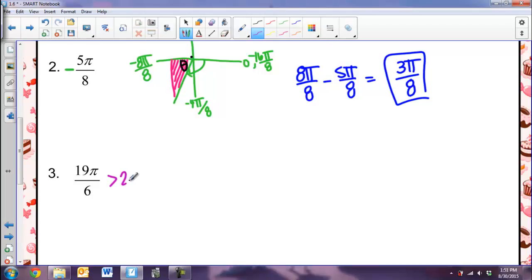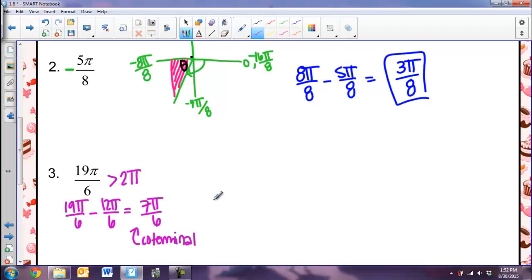This one's greater than 2 pi, so I'm going to make it less than 2 pi and find that coterminal angle by subtracting 2 pi from it, and 2 pi would be the same thing as 12 pi over 6. That gets me that my coterminal angle is 7 pi over 6. So that's the one I'm going to graph, and remember that I took a whole 360 or 2 pi to get around to that one.